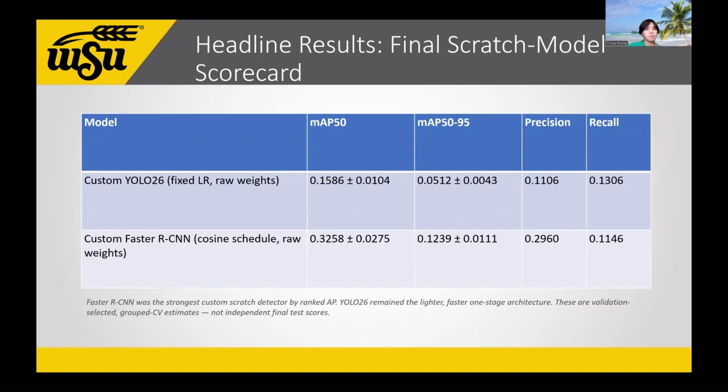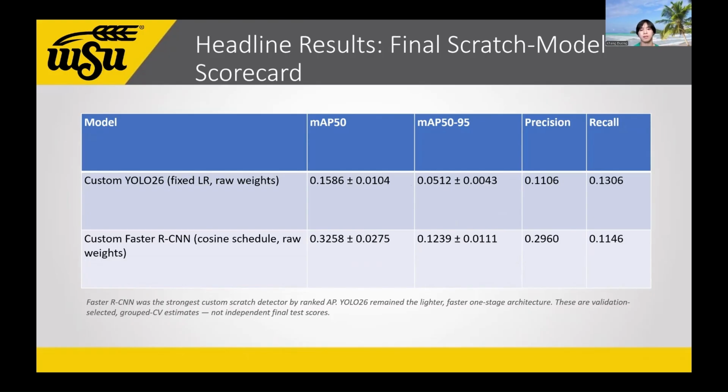Here's the main result. My scratch Faster RCNN framework with a cosine schedule got 0.3258 mAP50 and 0.1239 mAP50 to 95.